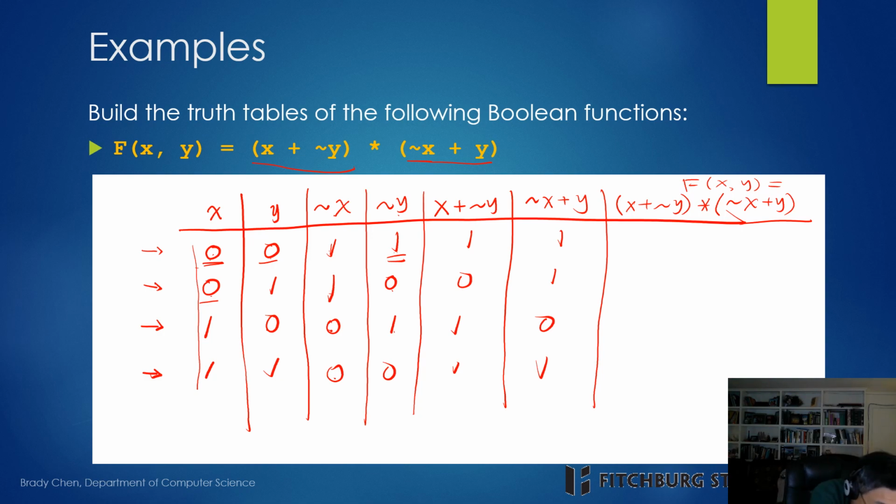So now the last one is the AND operation between these two, x plus tilde y and tilde x plus y. So 1, 1, you got a 1. That's the AND operation. 0, 1, you got a 0. 0, 1, 0, you got a 0. 1, 1, you got a 1. Okay, so that's the truth table for the first function.